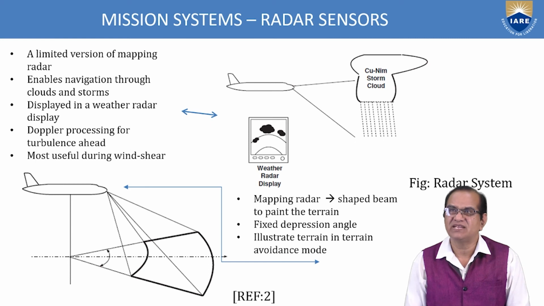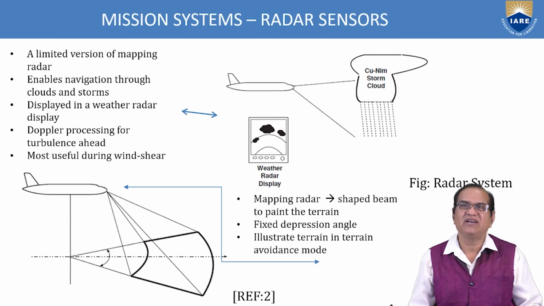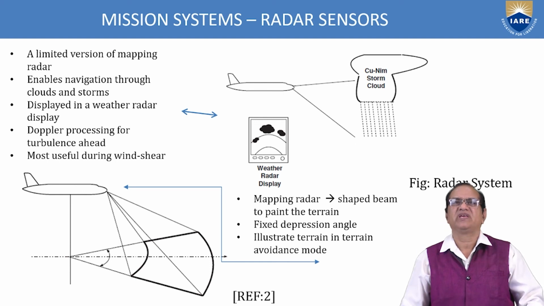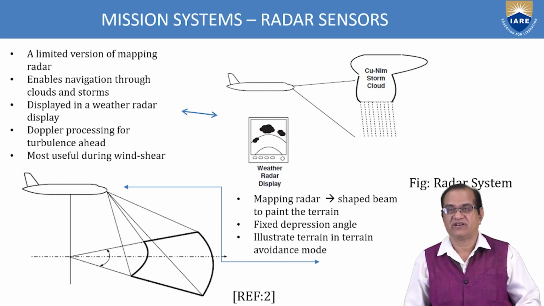Now, the mission system, the radar sensors, I am further moving. A limited version of mapping radar enables navigation through cloud and storms, displayed in a weather radar display, with Doppler processing for turbulence ahead, most useful during wind shear. So like this, weather radars are here.